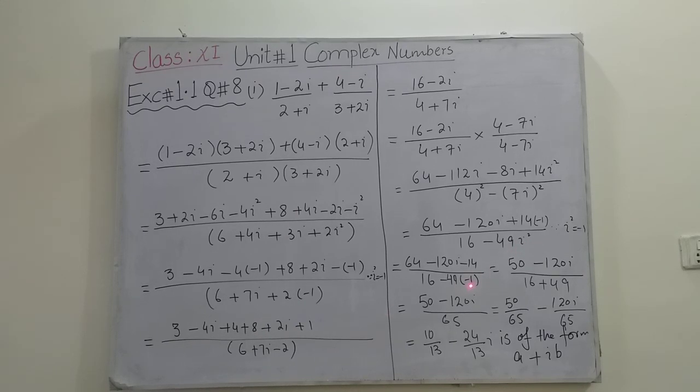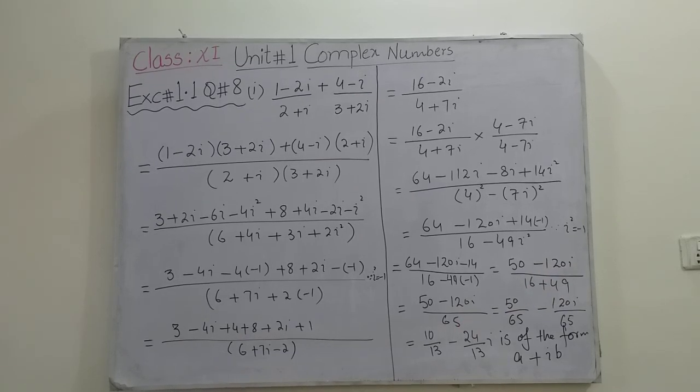Again writing iota square as minus 1, for the numerator we have 64 minus 120 iota plus minus minus 14. For the denominator 16 minus 49 times minus 1. 64 minus 14 is 50, minus 120 iota. For the denominator, minus minus plus, 16 plus 49 gives 65.